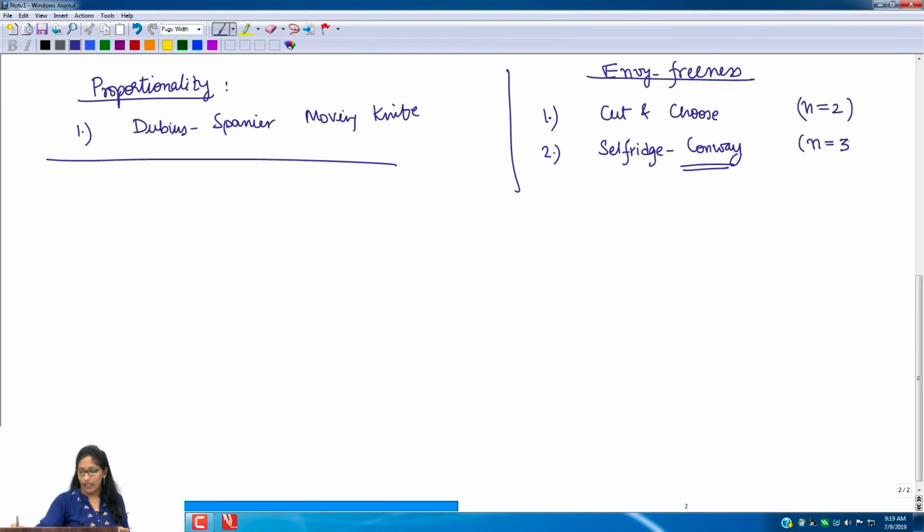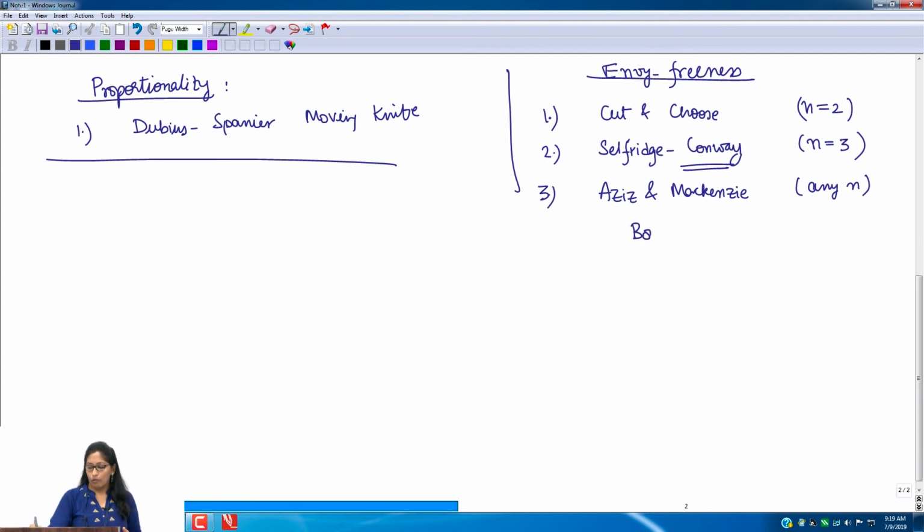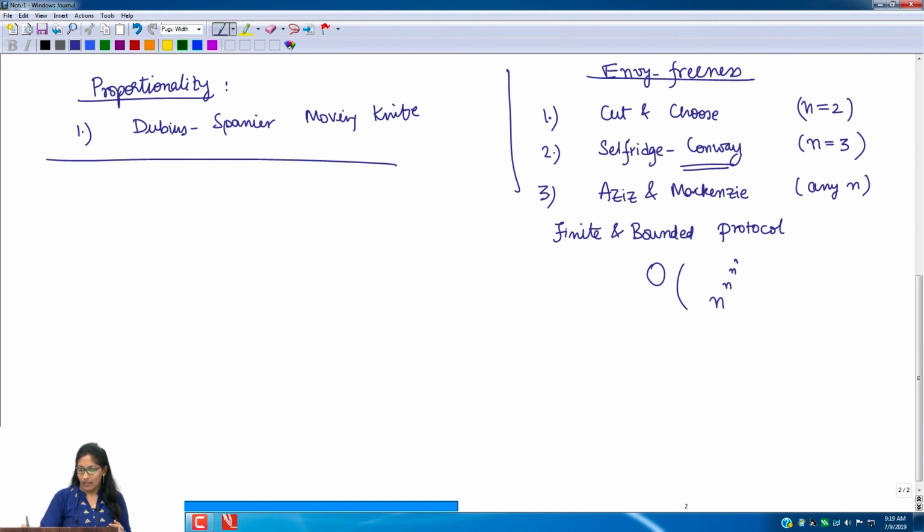We also talked about one result by Aziz and Mackenzie, for any n, and they showed a finite and bounded protocol. I wouldn't call it a drawback, but the running time was strikingly n to the power n to the power n to the power n, with six stars.